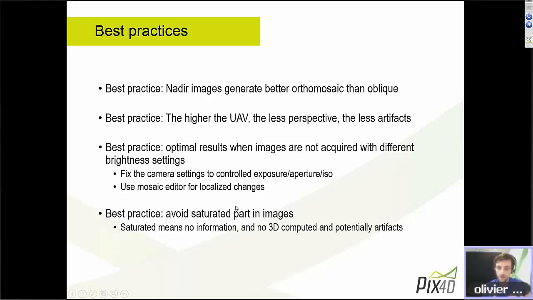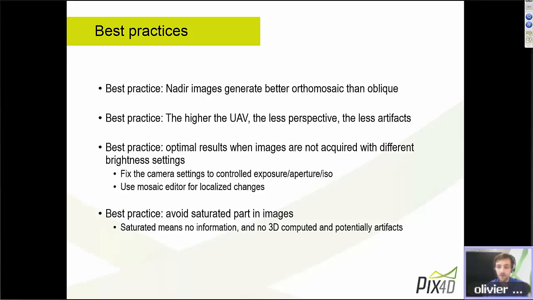Now about the radiometry, about the look, not just about the geometry, but also about the illumination. As a best practice, it's much better when all your images have the same amount of brightness overall, which usually means that you can fix your camera settings, which is usually the exposure, the aperture, and the ISO.